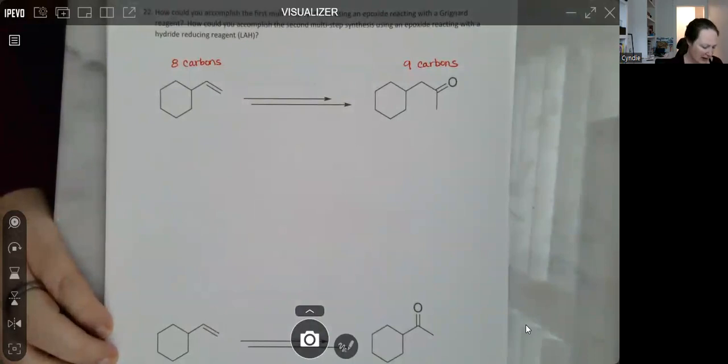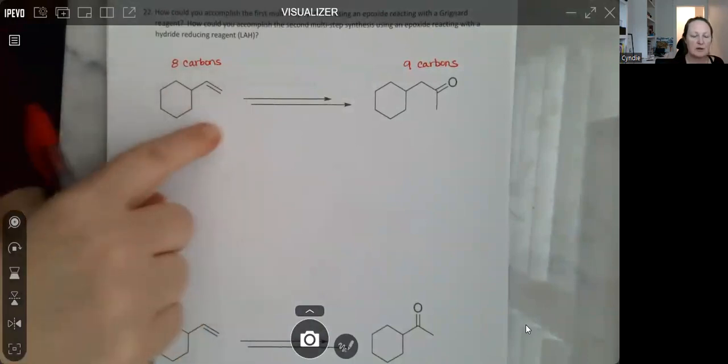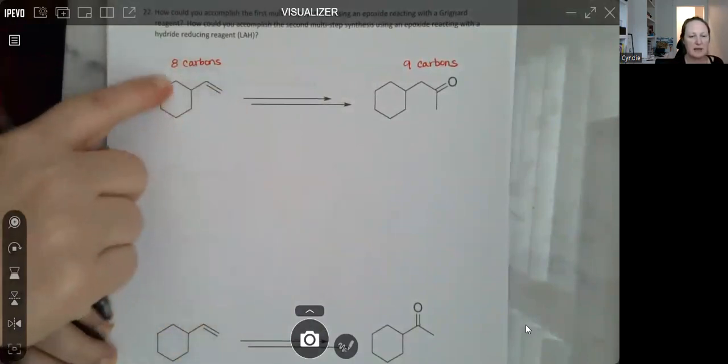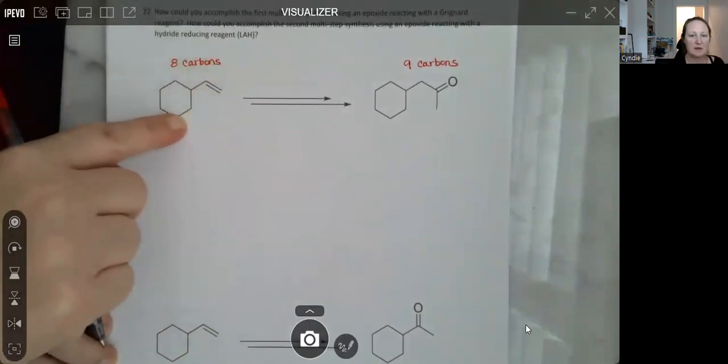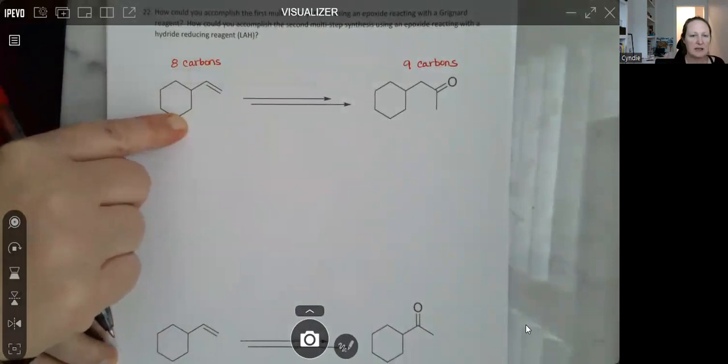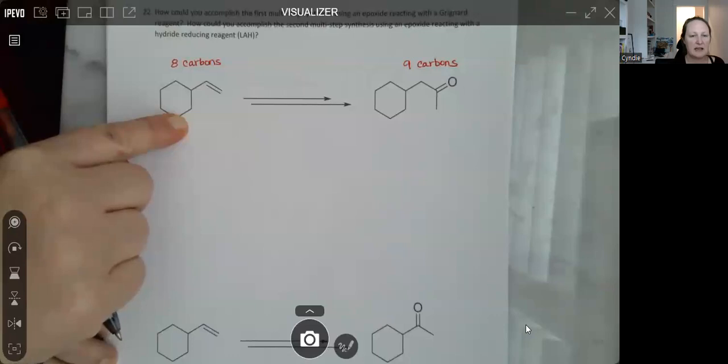So right now I cannot do a Grignard reaction because Grignards do not react with alkenes. So I'm going to need to think about whether or not I want to convert this to an alkyl halide or possibly to a carbonyl containing reagent like an aldehyde or a ketone.